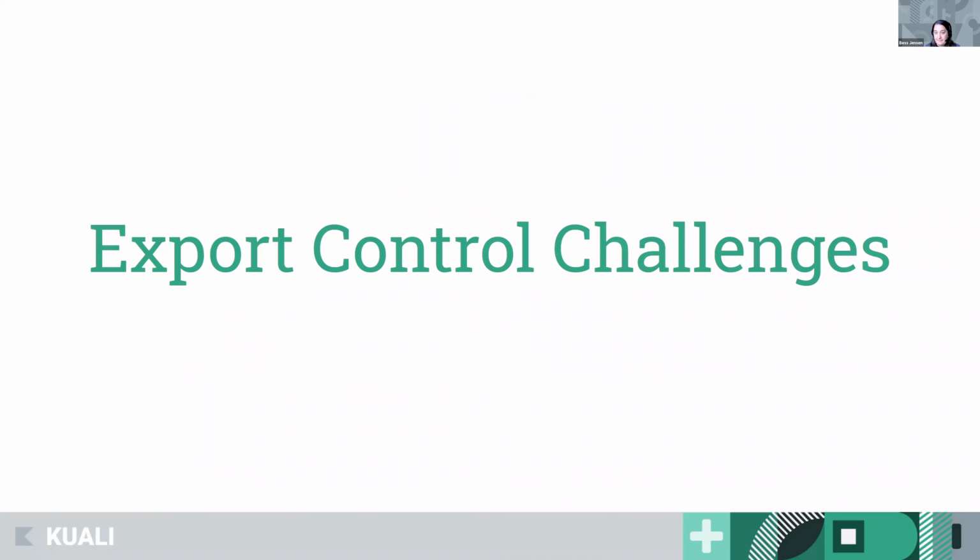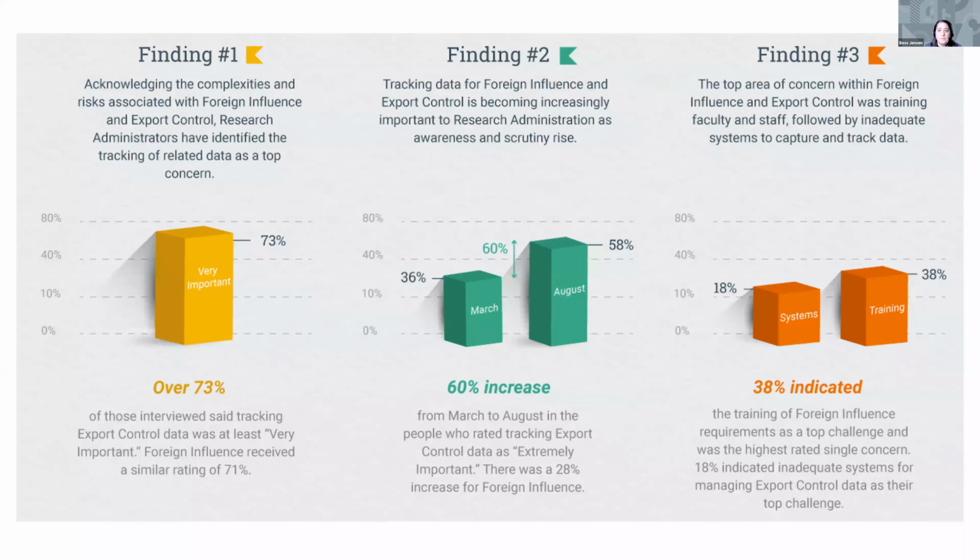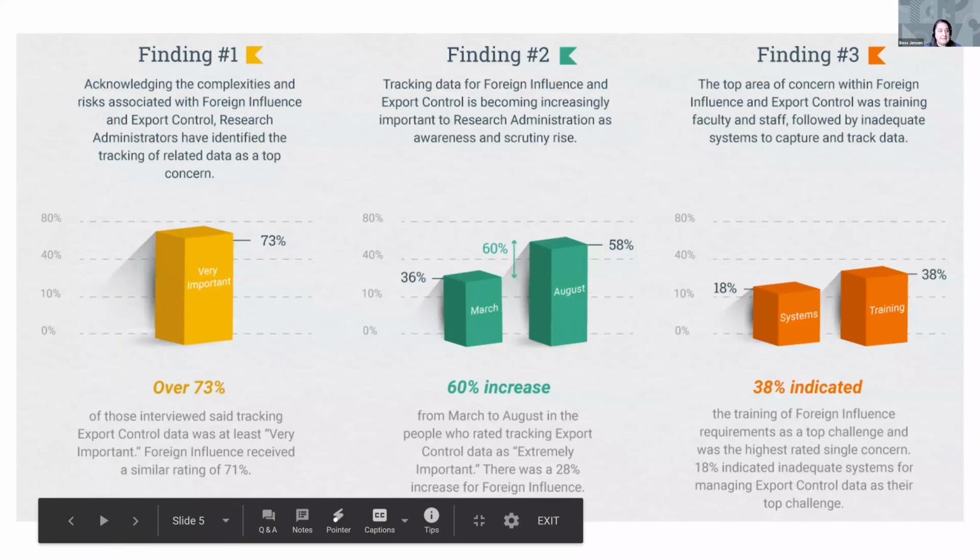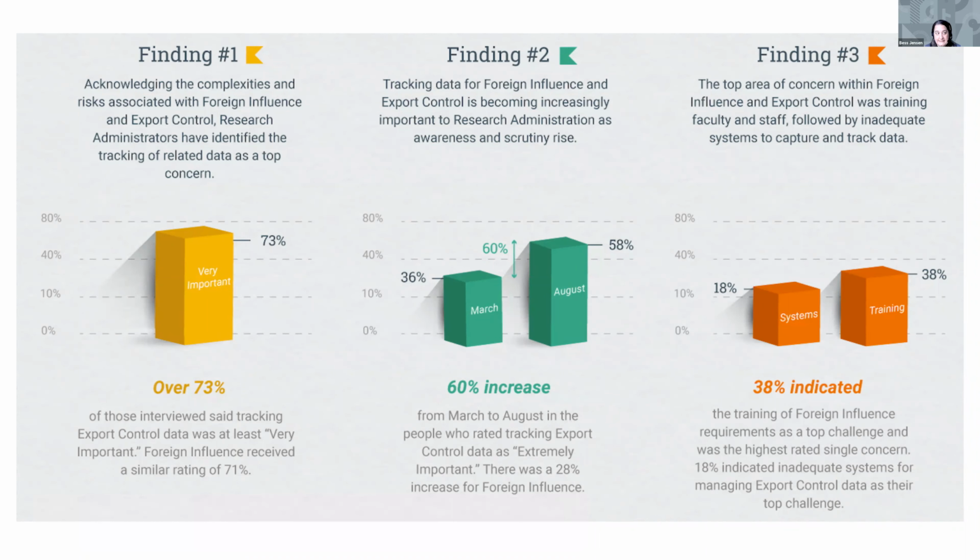So to talk briefly about basically the challenges, why is export control something that we're talking about now? So this is really a summary slide here that gets at a couple of surveys that Kuali did in 2020, actually both through Incura conferences. The first one was at the PRA, FRA, and then the follow-up survey that we did was at the Incura annual.